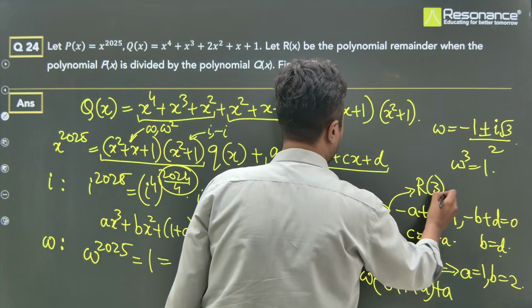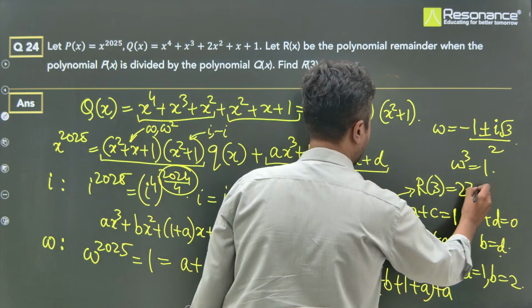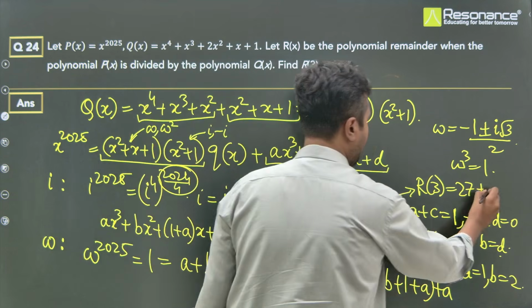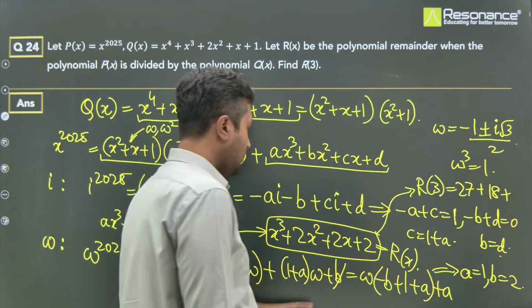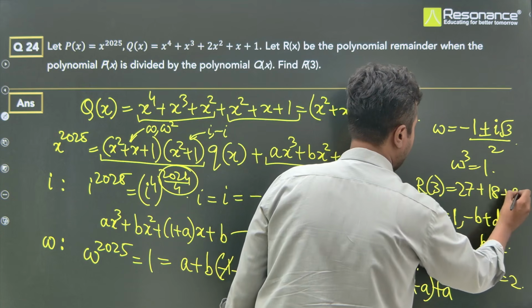R of 3 would then be 3 cubed, 27, plus 2 into 3 squared, 18, plus 2 into 3, 6, plus 2, and that is 8.